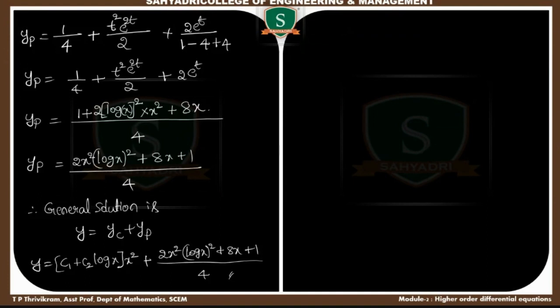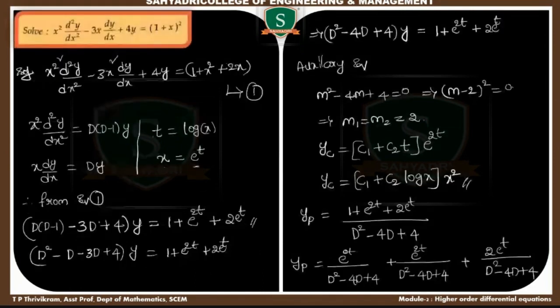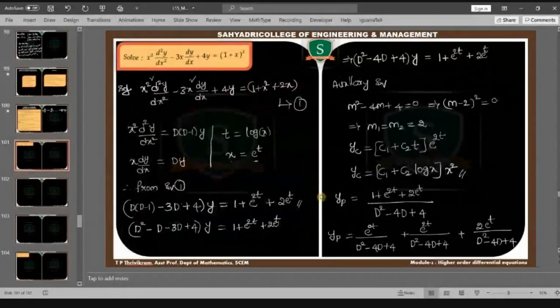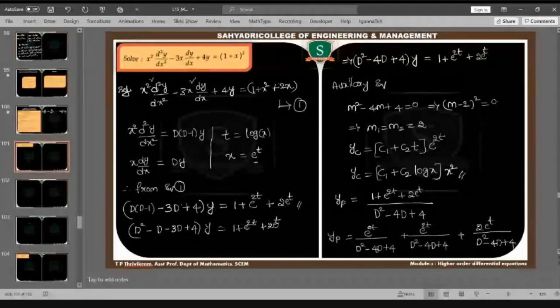So in this way you'll find the answer, and we got the solution in terms of x only finally. So just go through it once again from starting onwards. I'll give 1 minute for each slide so that you can go through it. If you get any doubts, let me know.